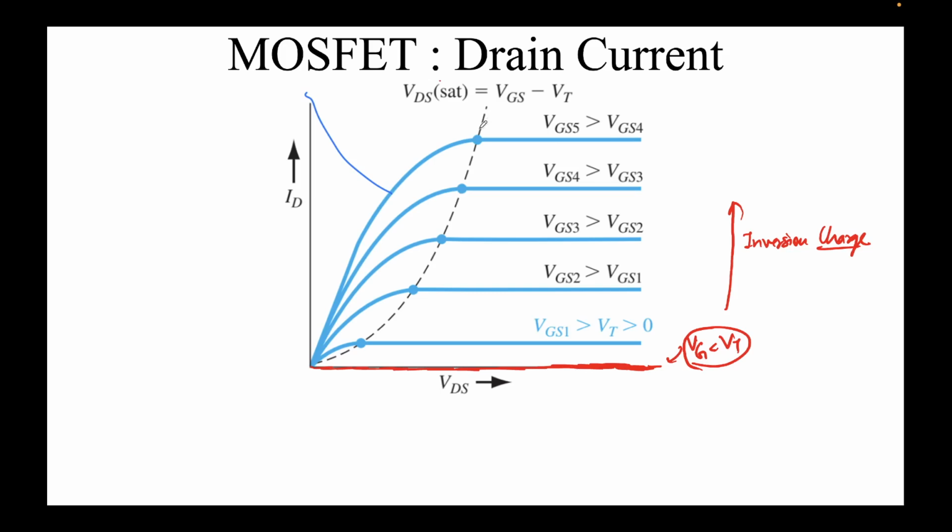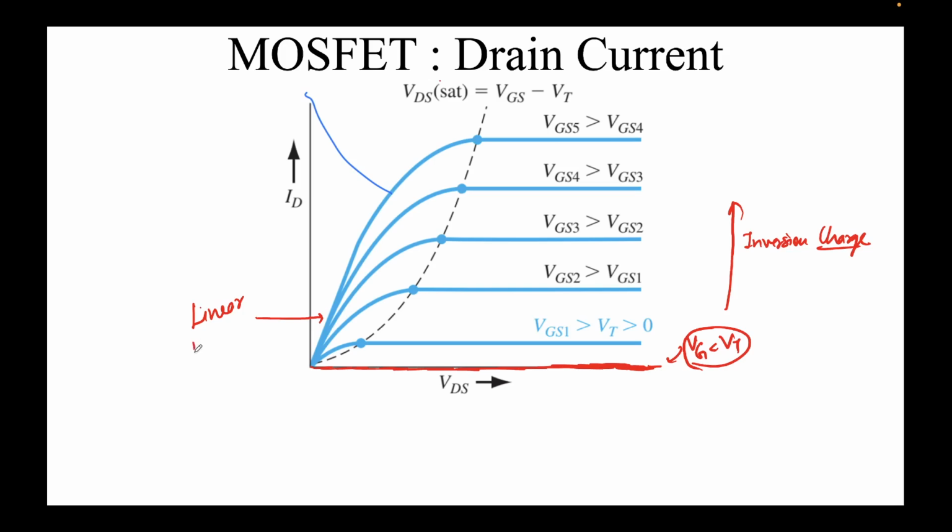This essentially comes from the fact that when you're increasing VG, your VDS sat will keep on shifting to the right, and it just so happens that we enter at this parabola. The region over here is not strictly linear. So when we want to operate in the linear regime, we try to be as close to 0 VDS as possible.